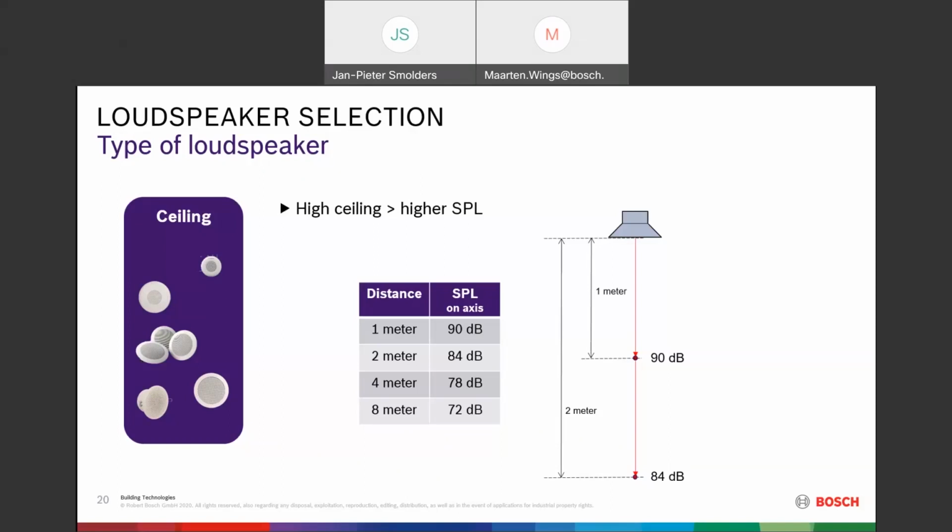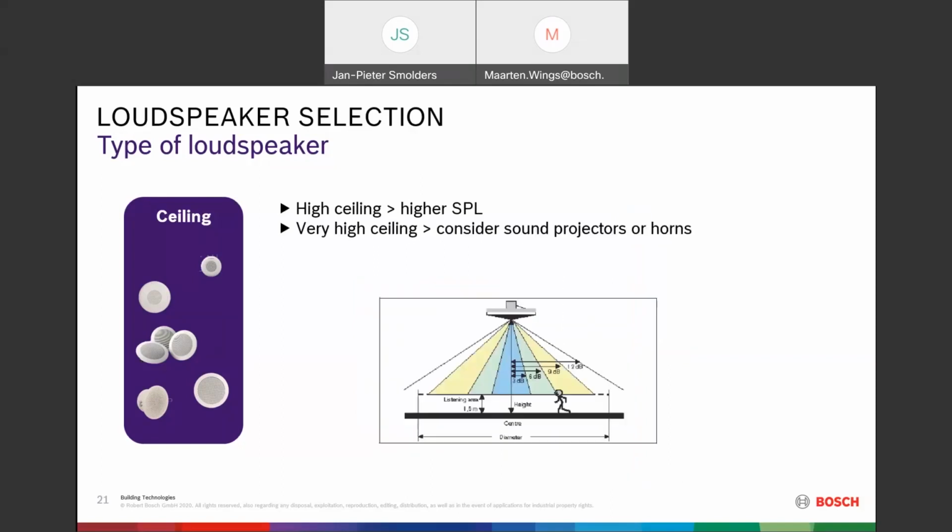What you could also do, of course, is look at the pendant loudspeaker, so you can reduce the distance from the loudspeaker to the listening plane. If you have very high ceilings, you might consider sound projectors or horns or pendant loudspeakers. Here below in this example, you see the Hemi. That's a large loudspeaker.